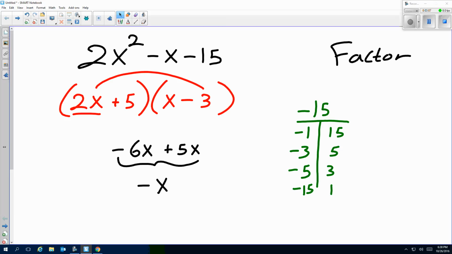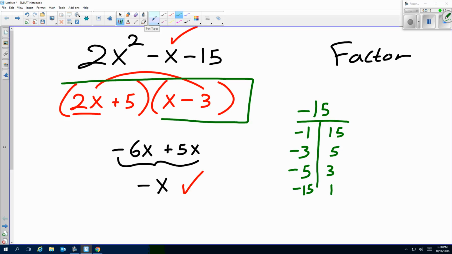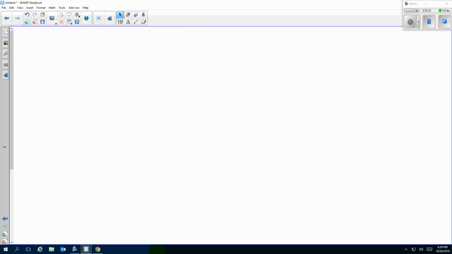Is that what we want? Of course it is. So our proper factorization of this problem is 2x plus 5 times x minus 3. Are we feeling okay? Let's try another one.